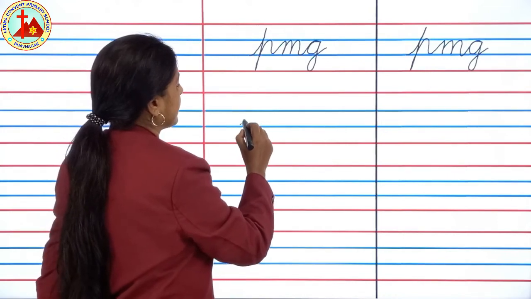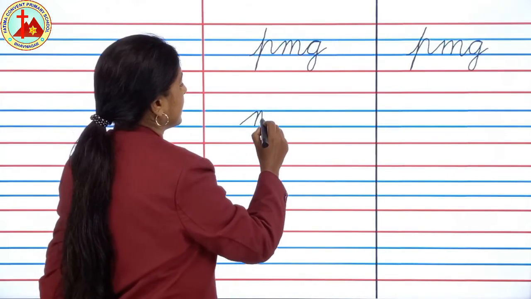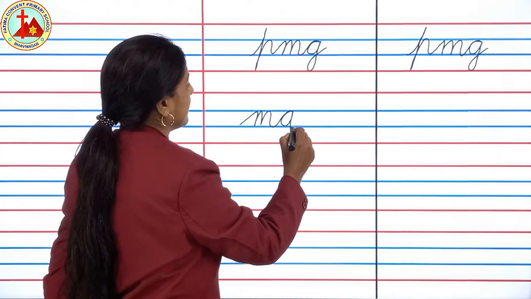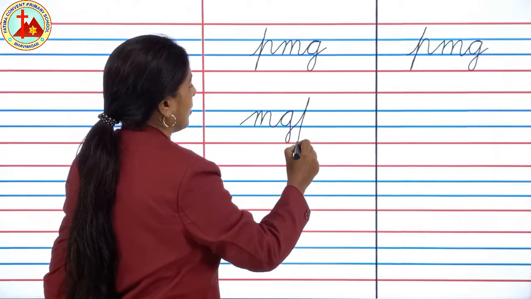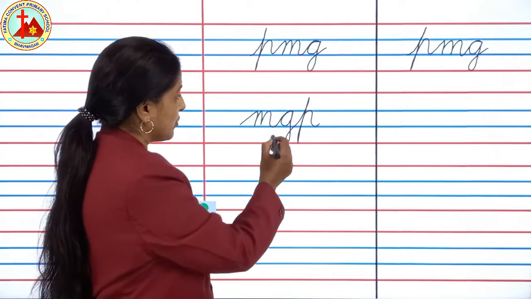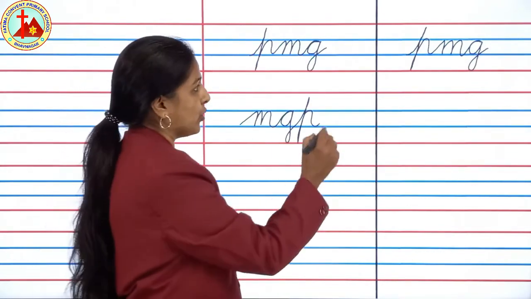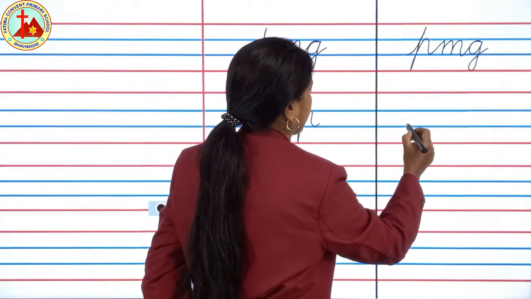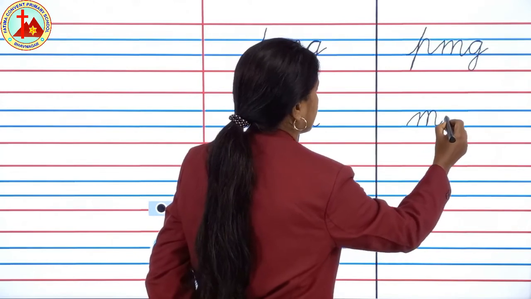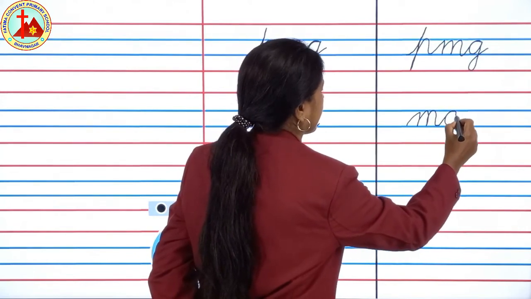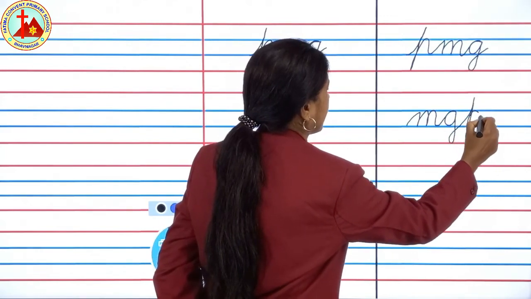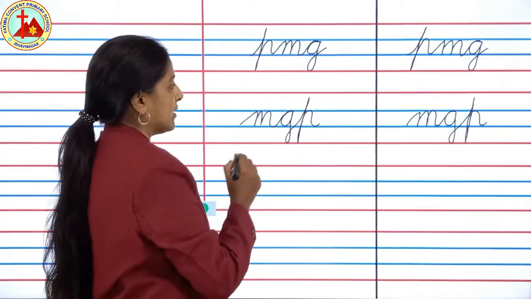You can also write M, G and P. You have already learnt cursive small letters, so be careful in writing and follow how Miss is writing. M, G, P. Without lifting your pencil, you have to write.